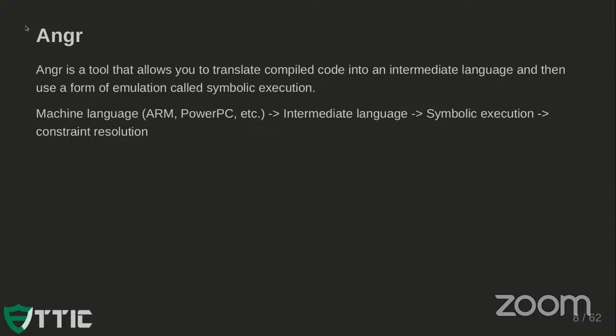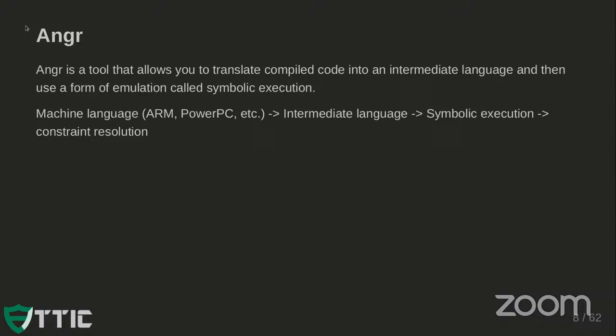Symbolic execution allows angr to treat the program really as math, and it can use the solver on it. The solver uses constraints. The constraint you set is, for example, that you want angr to reach a certain point of the program, or keep running until a specific register has a certain value.